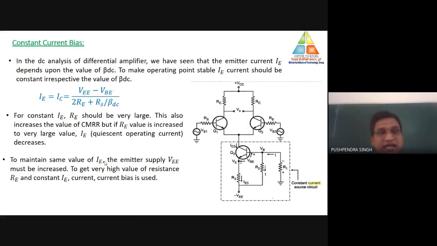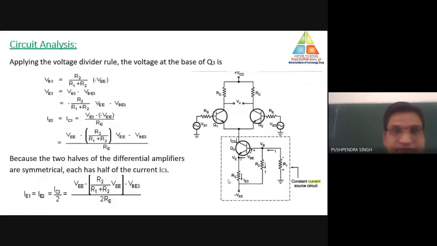If the value of RE is increased, then to compensate for the reduction in the value of IE, we need to enhance the value of the negative supply. Then only can we keep the operating point current constant. So for that, we are connecting one constant current source. Then let's see the analysis of this circuit.